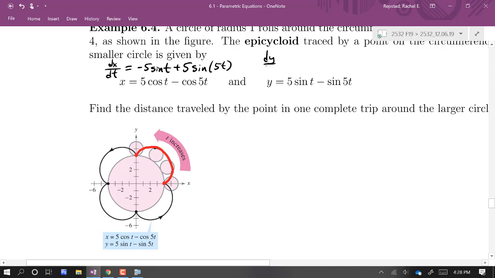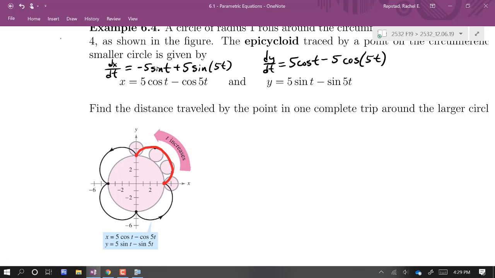And how about dy/dt? 5 cosine t minus 5 cosine 5t. Okay, great.